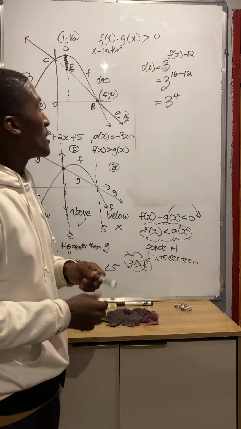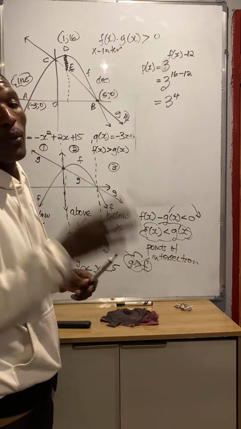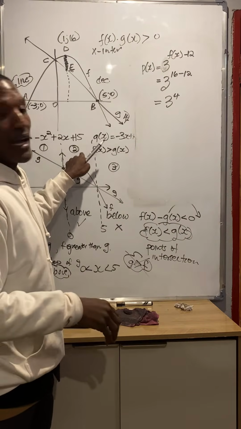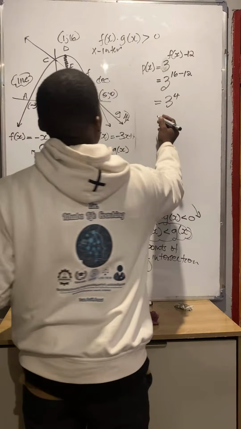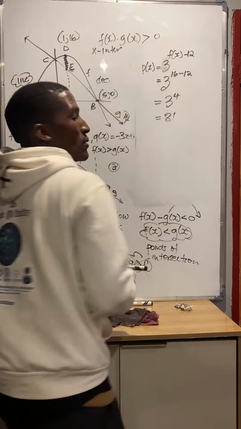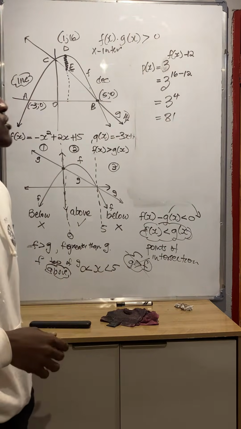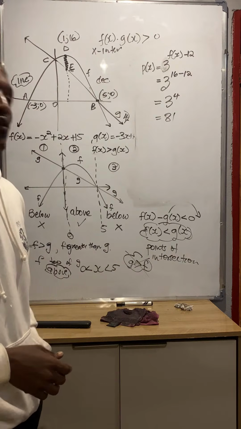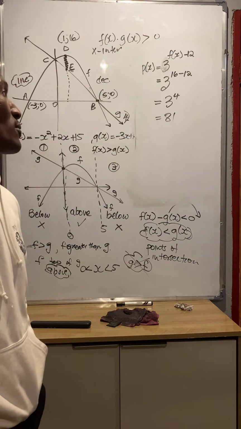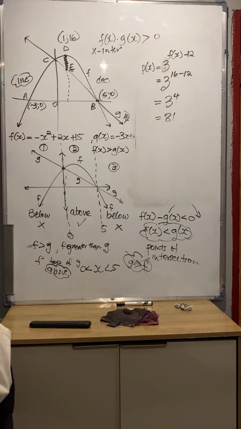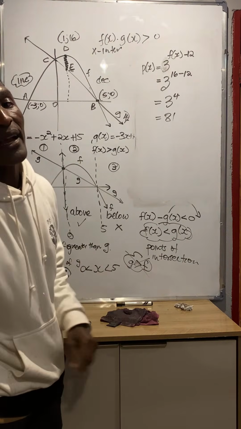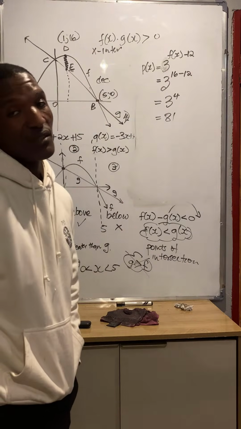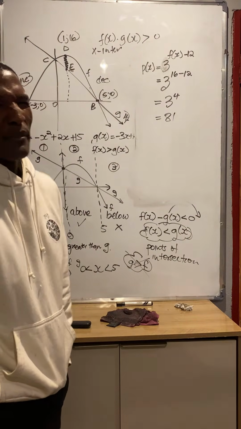And if you know about the minimum value, in the turning point, the answer is actually 81. So the maximum will be 81. If you know about the minimum, then you use your minimum turning point.